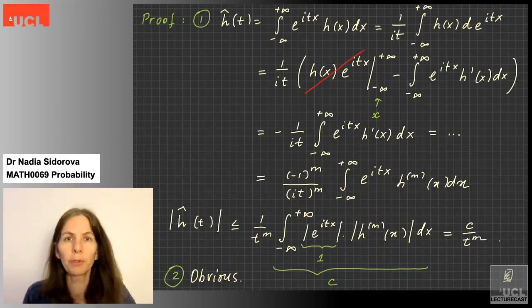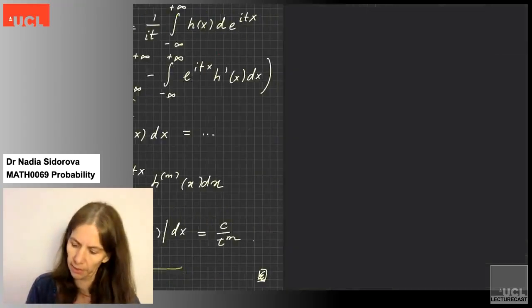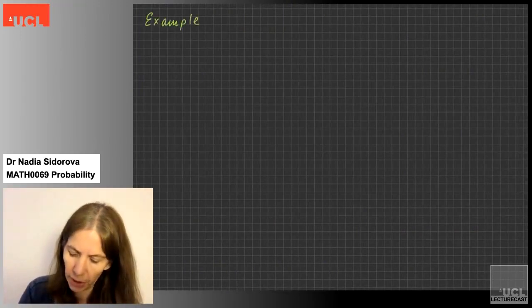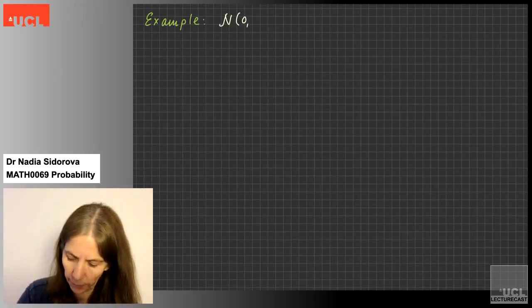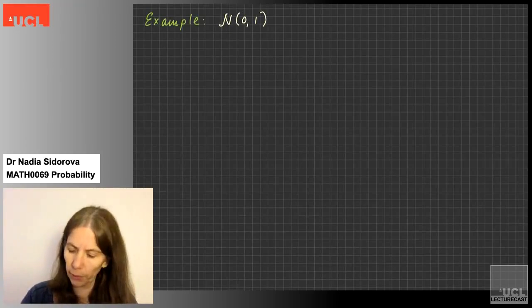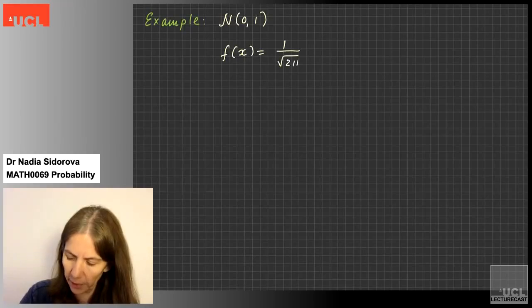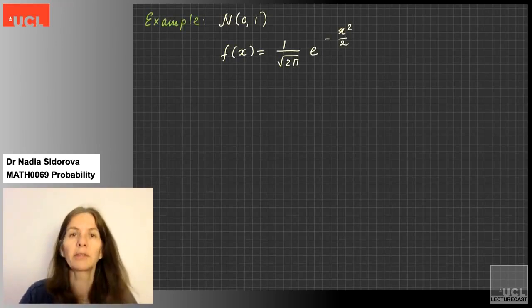One small example to illustrate this theorem. So I suggest we look at the normal distribution. And we know its density is 1 over square root of 2 pi times e to the power minus x squared over 2, right?